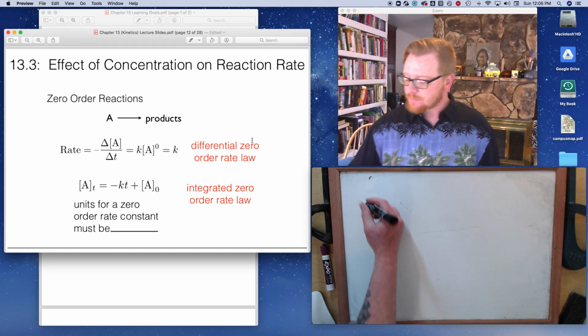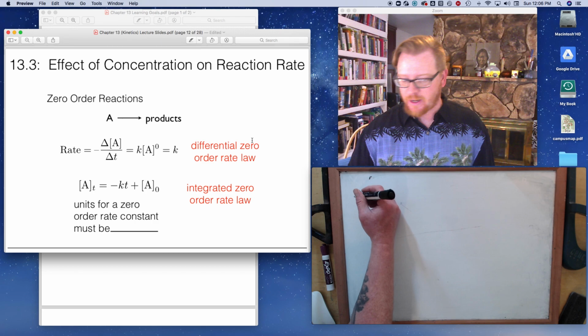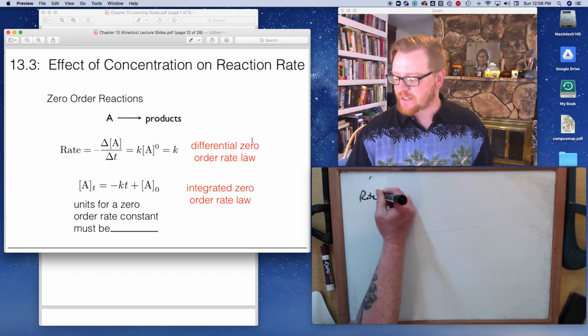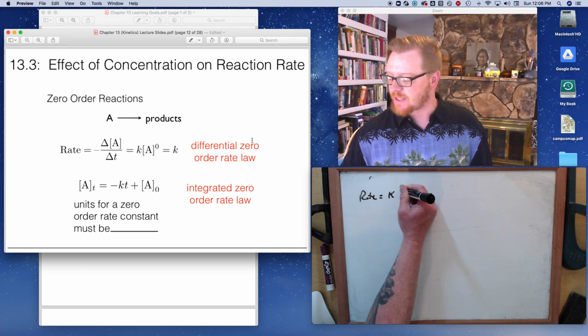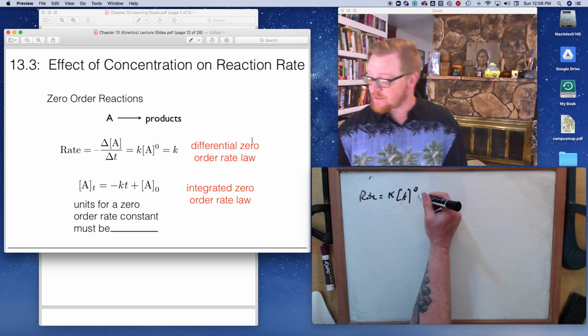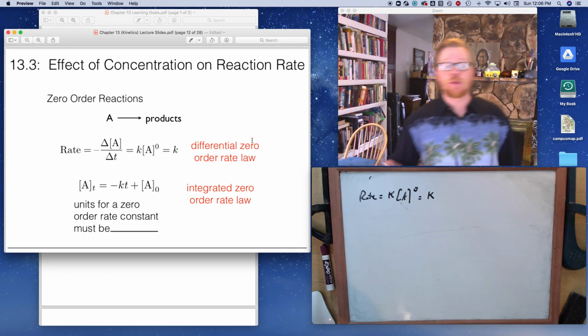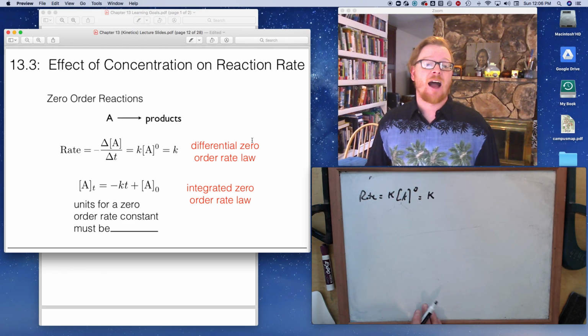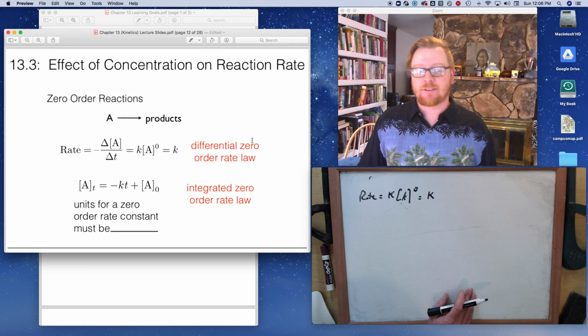The best example of demonstrating this zero order reaction is if we said rate equals k times [A] to the 0 power. Anything to the 0 power is 1, so the rate just proceeds as the rate constant does.